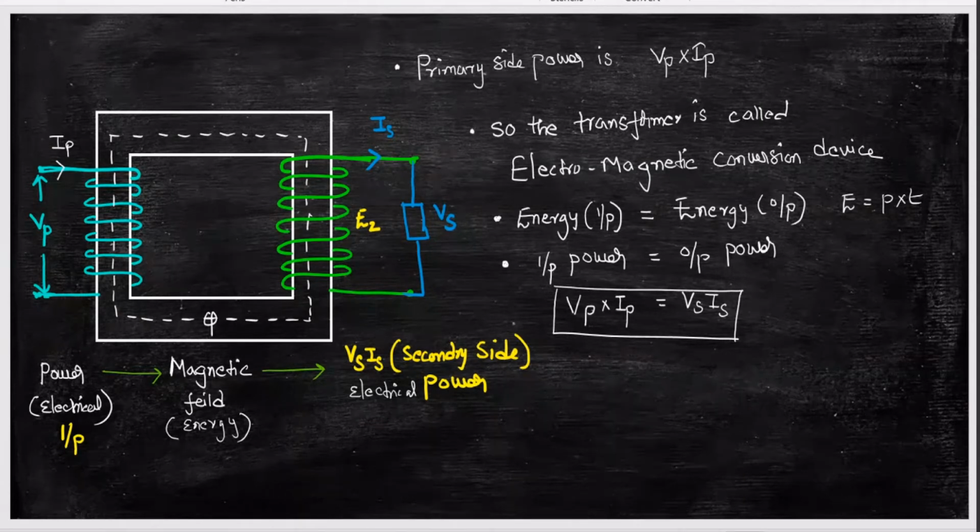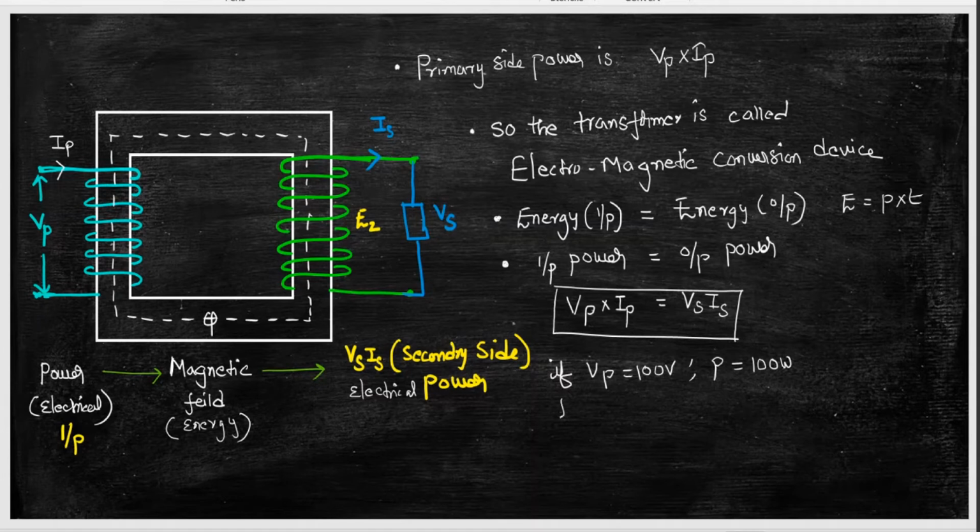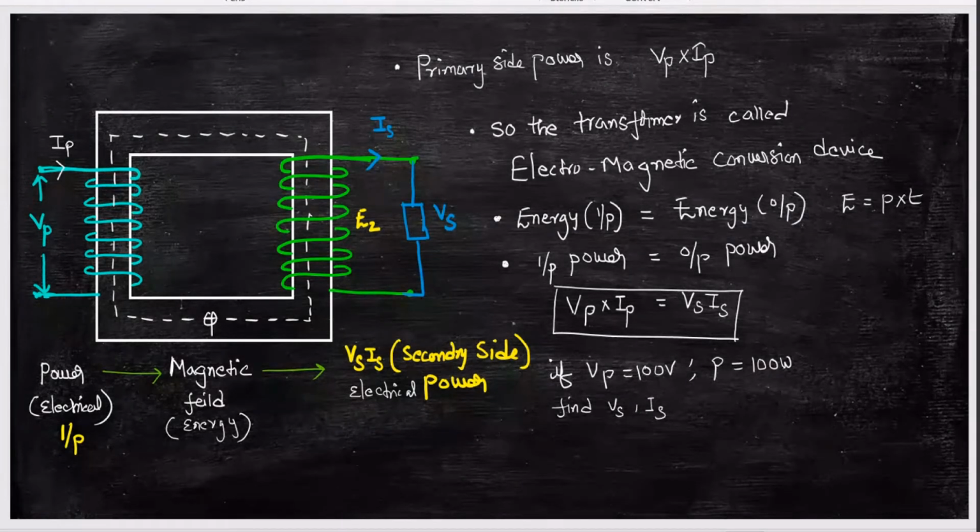But what we are doing here actually is, let Vp be 100 volts, and the power P which we are sending is 100 watts. Then if I want to find Vs and Is, this relationship will help us.